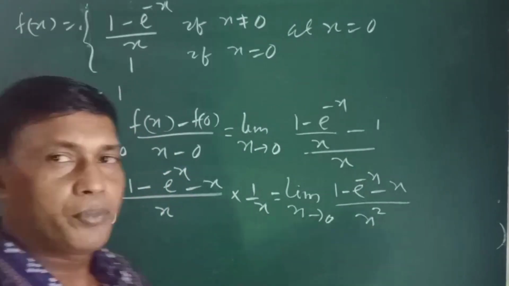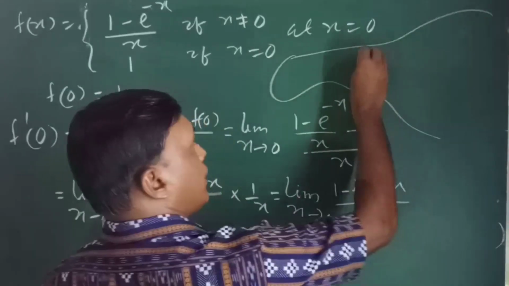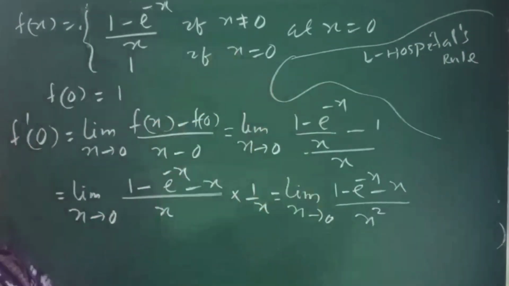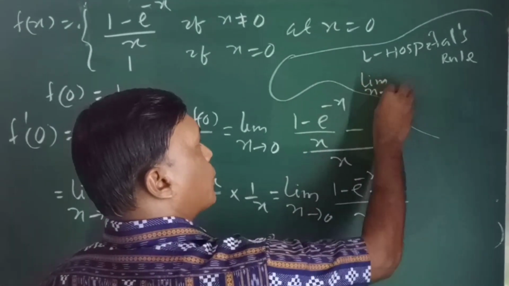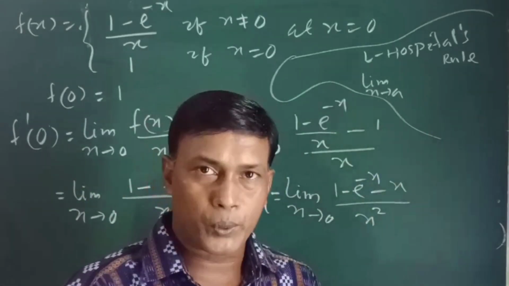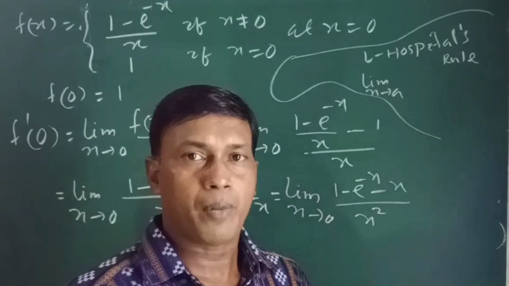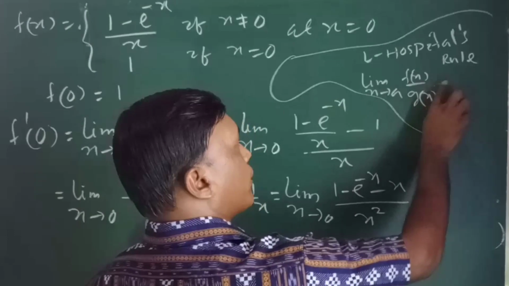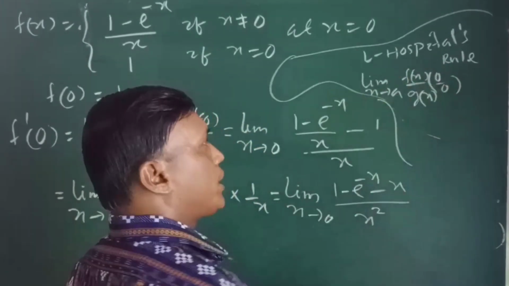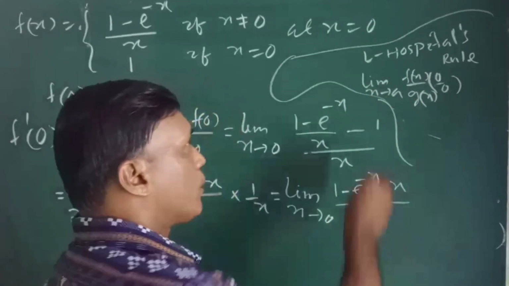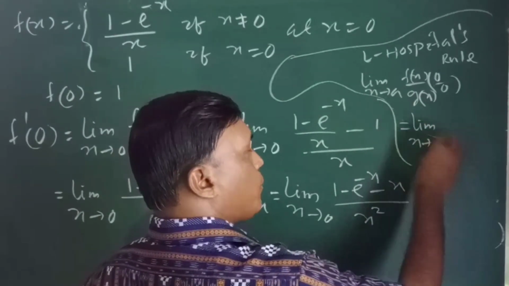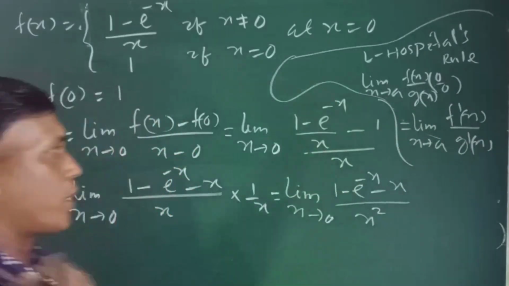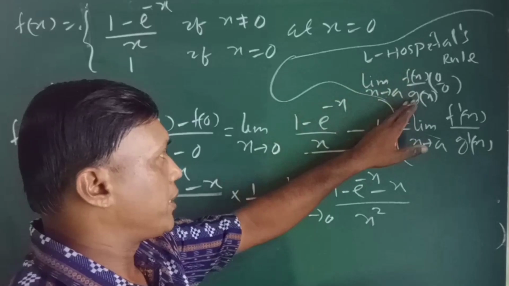There is a L'Hopital rule. कभी कभी एल हॉस्पिटल्स रूल भी पढ़ते हैं, और लोपितल्स रूल भी पढ़ते हैं। ये लोपितल्स रूल क्या है? हम अप्लाई करते हैं लिमिट निकालने के लिए। सपोज limit x tends to a, f of x by g of x हमको निकालना है, but suppose this is in form of 0 by 0, numerator denominator both 0 हो गया। तो limit of f of x by g of x is limit x tends to a, f dash x by g dash x. That means the limit of f by g is the limit of f dash by g dash.